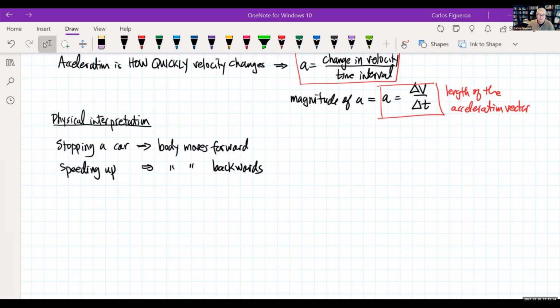As far as the physics is concerned, the strength and the magnitude of the acceleration is measured by the strength of your body's motion. What I mean by strength, I really mean magnitude.